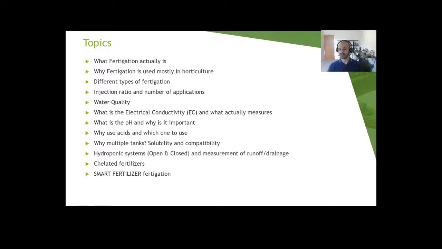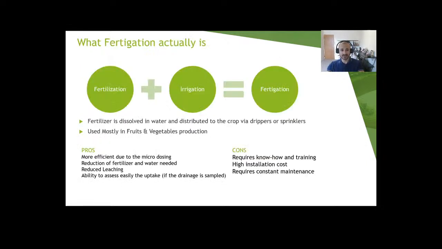And chelated fertilizers, what is a chelation factor, why it is important, and why we have many chelated fertilizers on the market. And also I will show you how Smart Fertilizer is calculating the fertigation for your crops automatically in our software. So let's start.